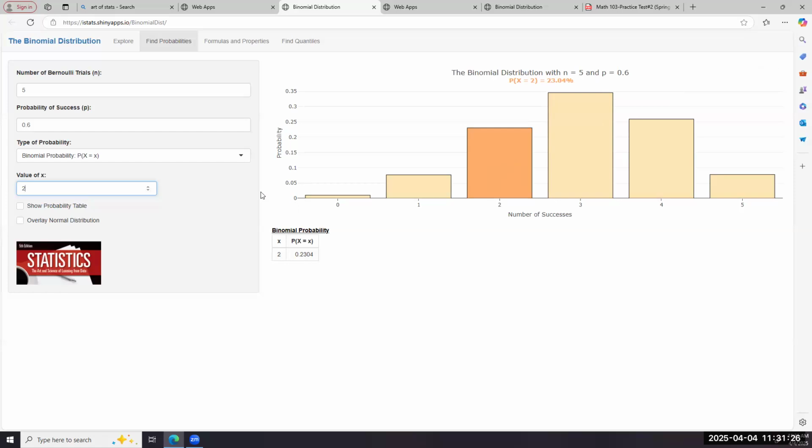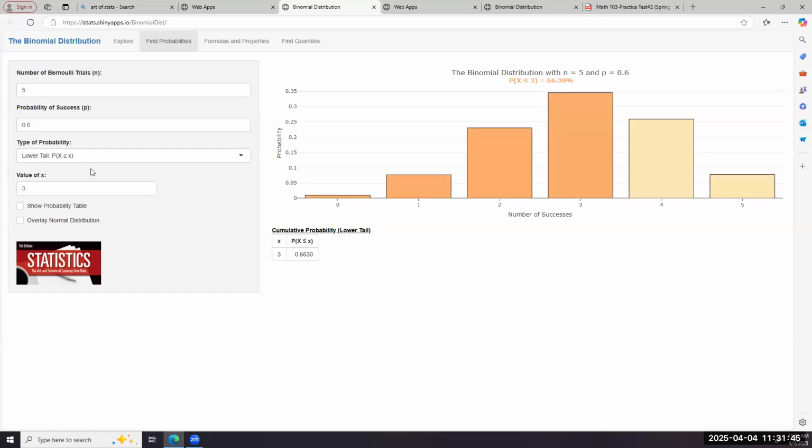The second part, you want x to be less than or equal to 3, at most 3. So change this one to 3 and select less than or equal to. That's it.